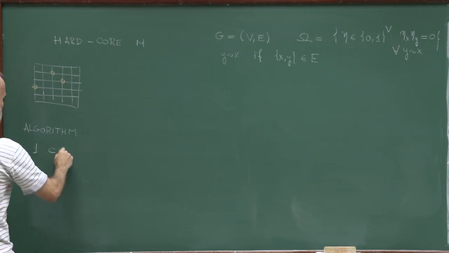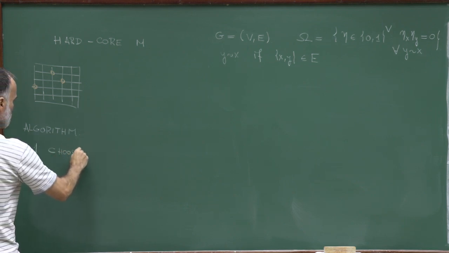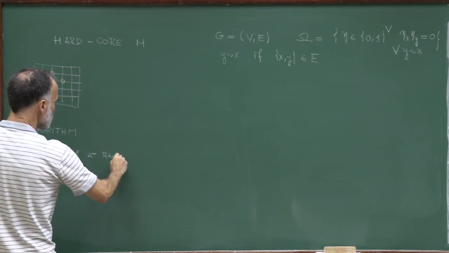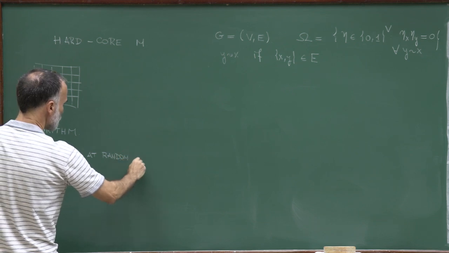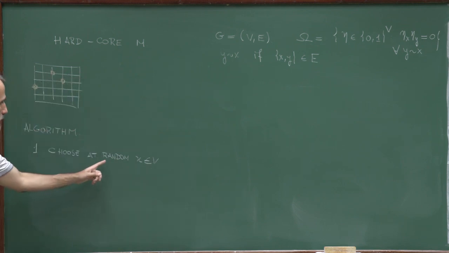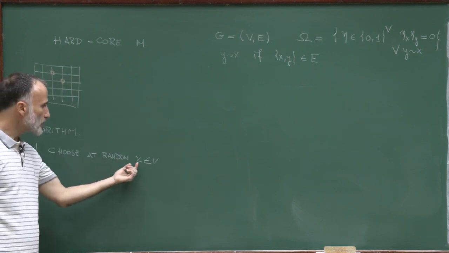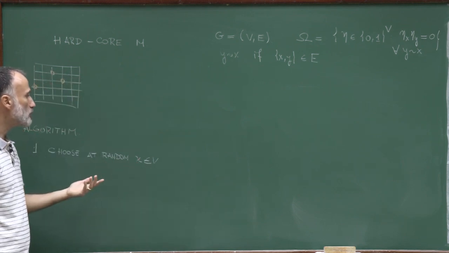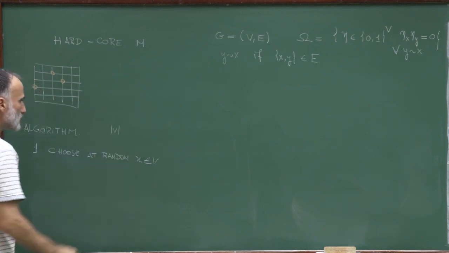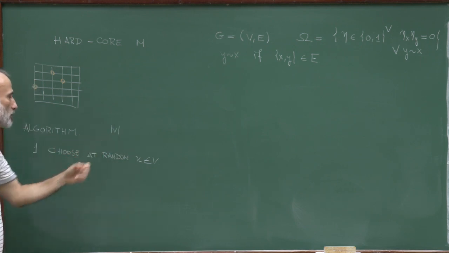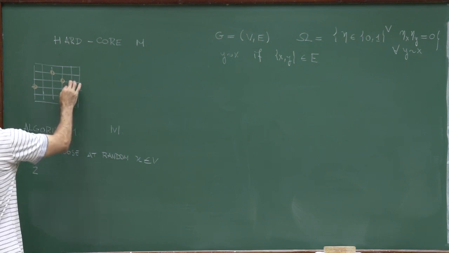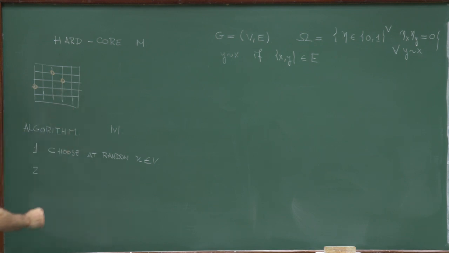You choose at random a vertex. Choosing at random means that I choose this vertex with uniform probability. There are V sites, and I take one of them with probability 1/V.